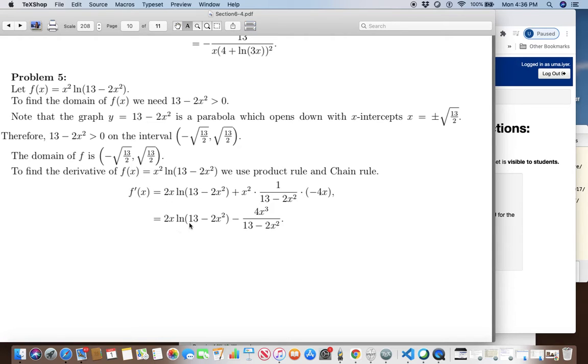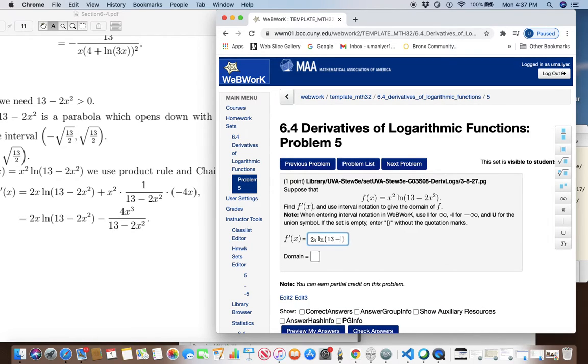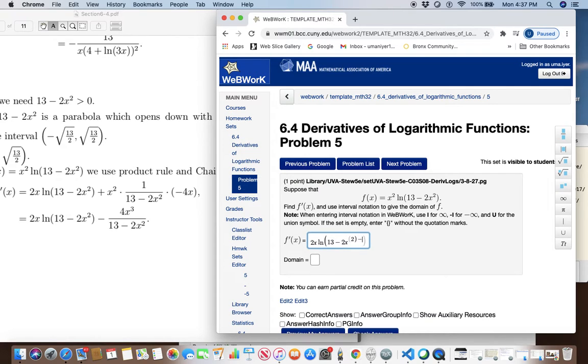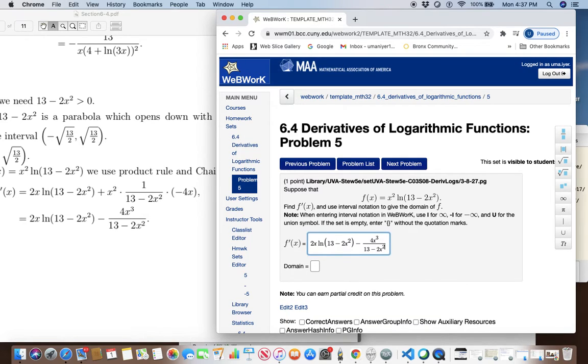So that is 2x natural log of 13 minus 2x squared minus 4x cubed over 13 minus 2x squared. That's your derivative.